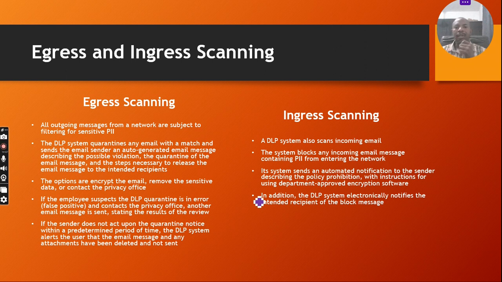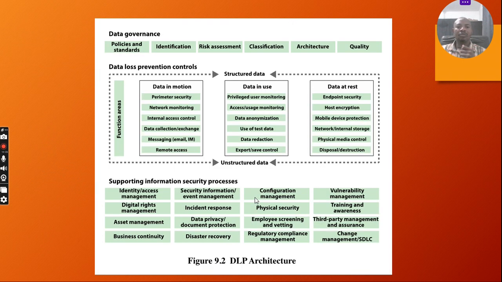The system blocks any incoming email message containing personally identifiable information entering the network. So that's what this does. It scans through every message entering your enterprise network and blocks every sensitive personally identifiable information coming to your network. Now let's move on quickly.